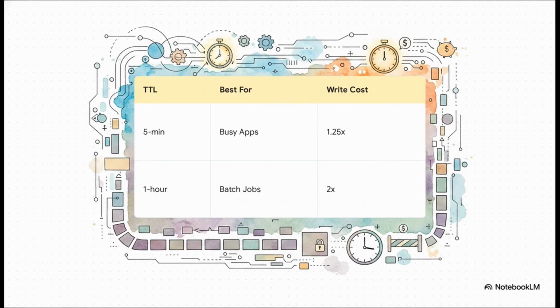So if you've got a busy app with lots of traffic, that 5-minute cache basically stays alive indefinitely. You literally only pay to write it once. The 1-hour option, on the other hand, makes a lot more sense for slower workflows, things like batch jobs or internal company tools, stuff that gets called maybe a few times an hour rather than a few times a minute.